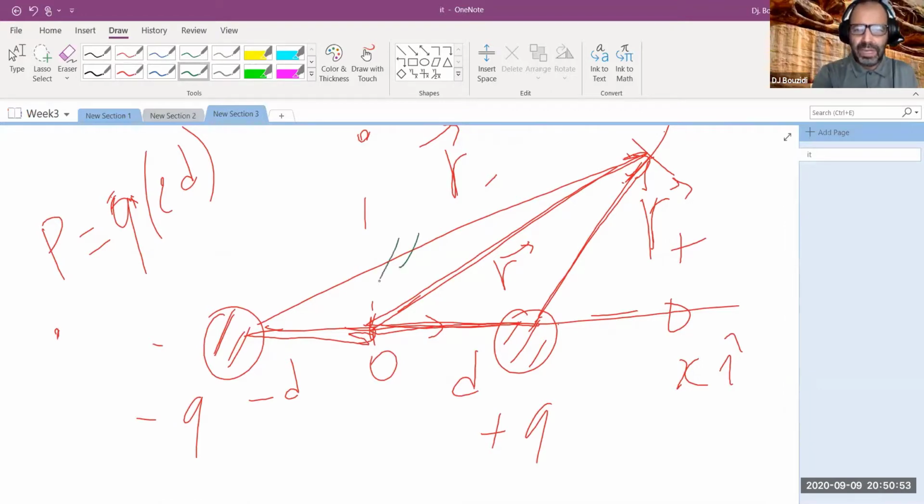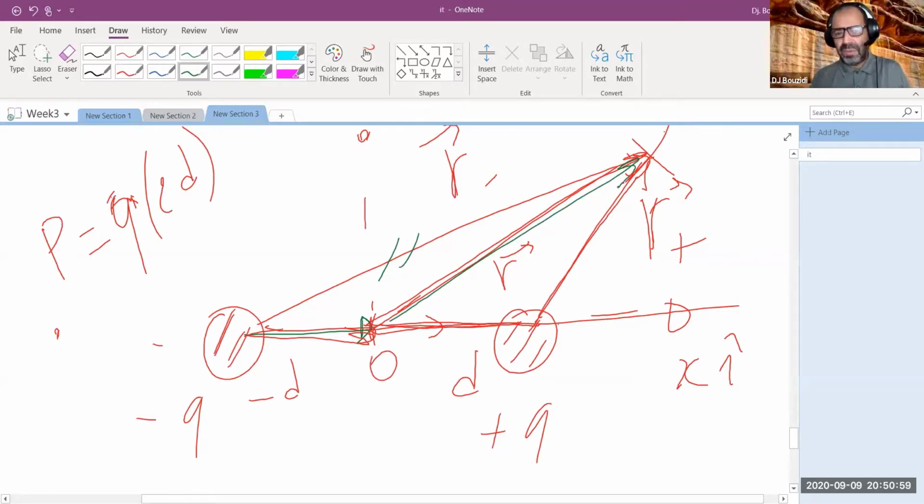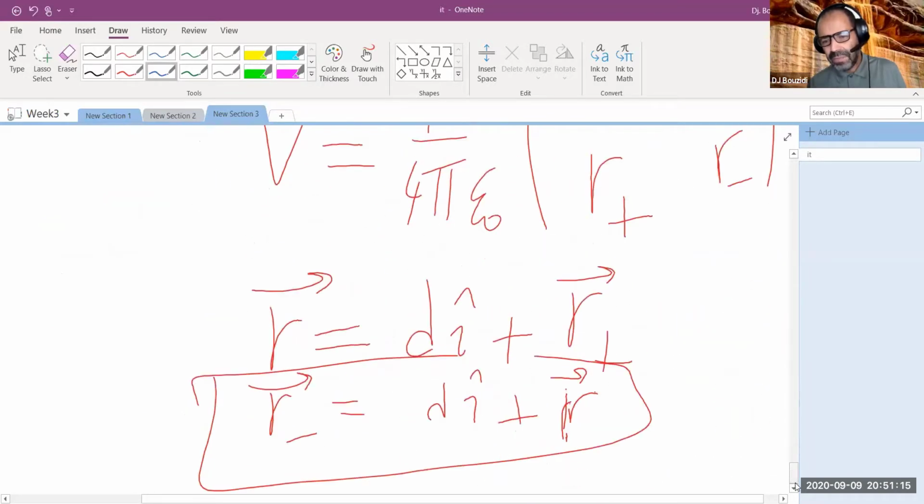So this is R minus, and this is DI, and this is R. So R minus is clearly the sum of these two. R plus, though, is this vector, and it's D times I hat plus R plus is actually R. So R plus then is actually the difference of the two vectors, not the sum.